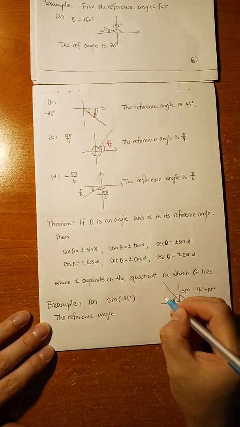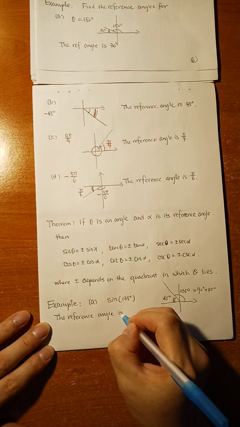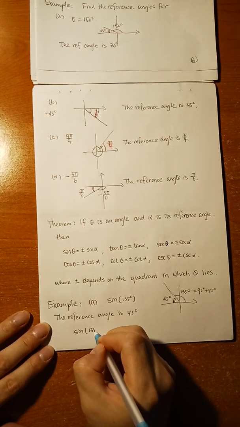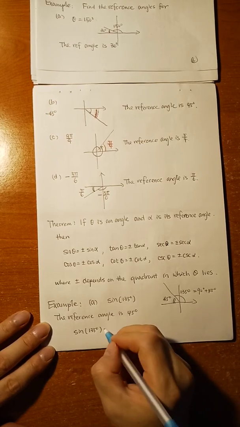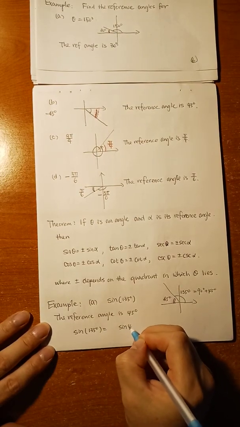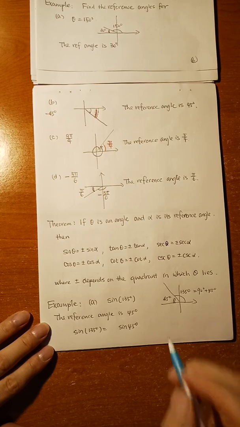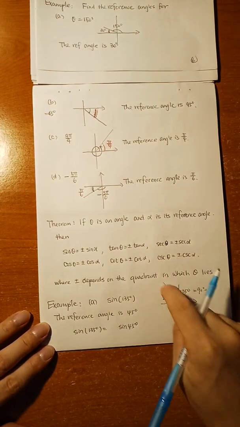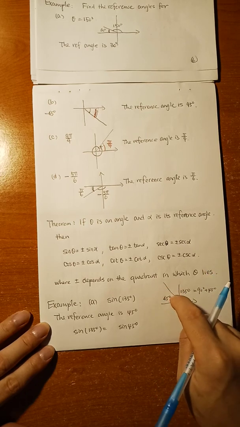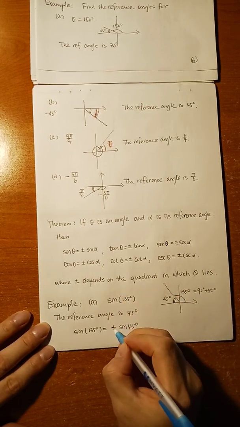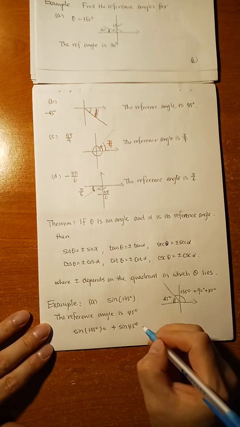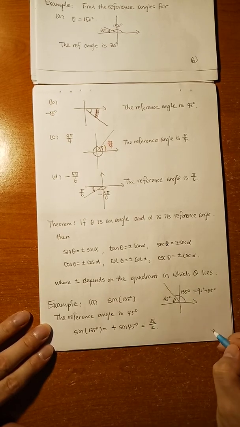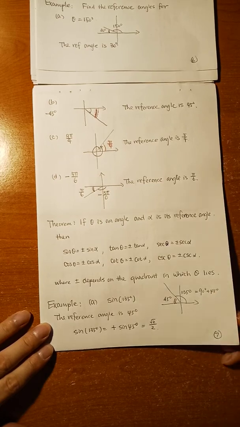The reference angle is another 45 degrees. And sine 135 is sine 45, and you have to see the terminal side lies in the second quadrant. In the second quadrant, sine is positive, so you just put a positive sign and don't change it. So it's square root of 2 over 2. Okay, so that's the first example.